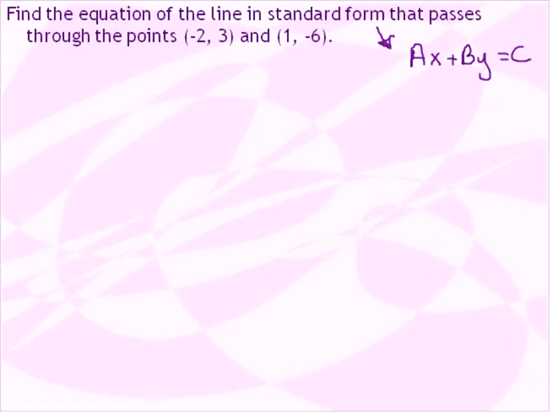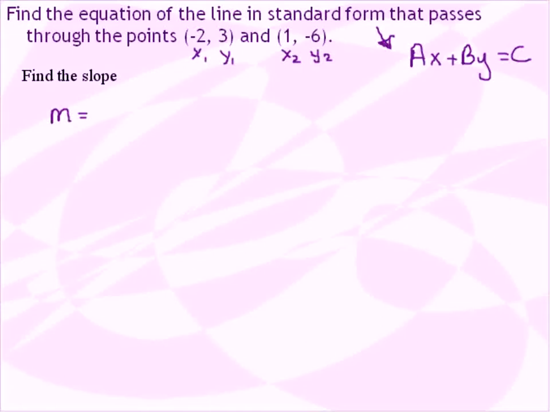The first thing that you need to do is find the slope. So this is when you're given 2 points. You need to find the slope. So we're going to do that first. We'll start with the first ordered pair here, and we will make that x1, y1, then x2, y2.